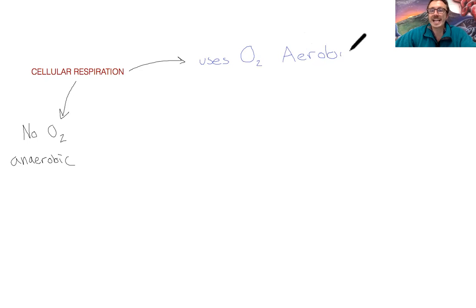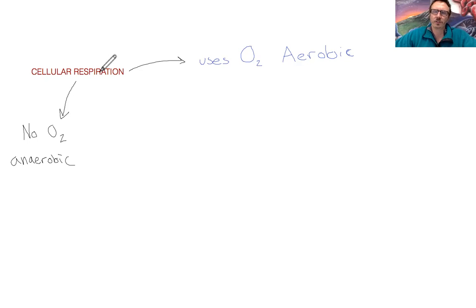We need air, we need oxygen. So again, you've probably learned about aerobic exercises in PE. What are some examples of aerobic exercises? Running, swimming, cycling, rock climbing, basketball, things where you're needing to breathe heavy. Those are aerobic exercises, and aerobic exercises use aerobic respiration.